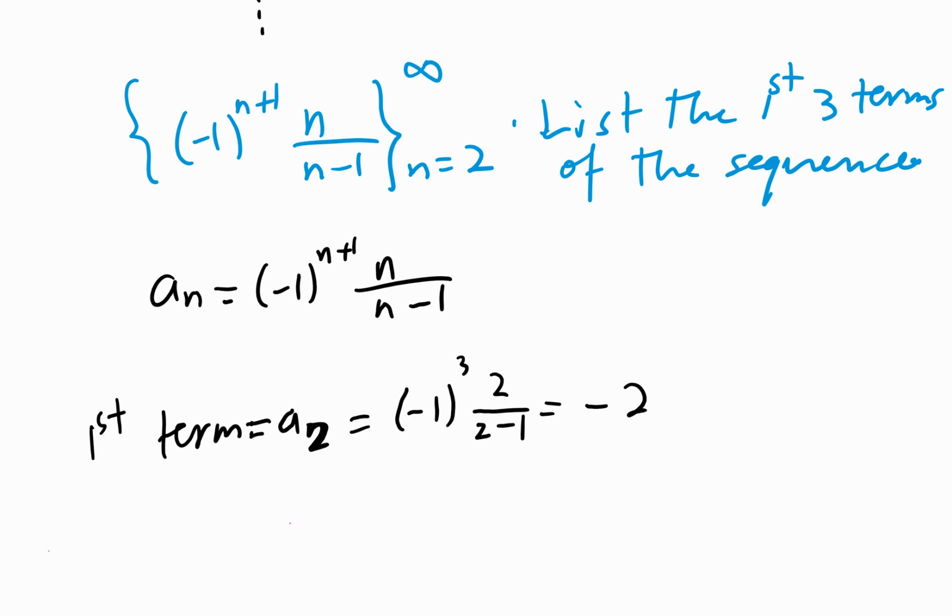Do you see why I start at 2? Because if n starts at 1, you will get 1 over 0. So a3 would be 1 times 3 over 2, so 3 halves. a4 is negative 4 thirds.